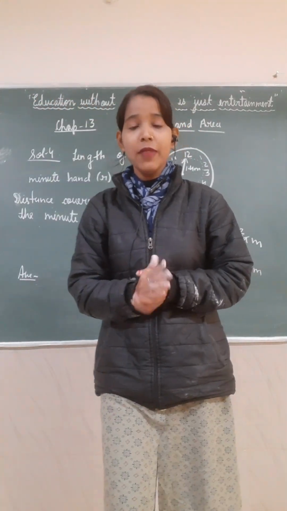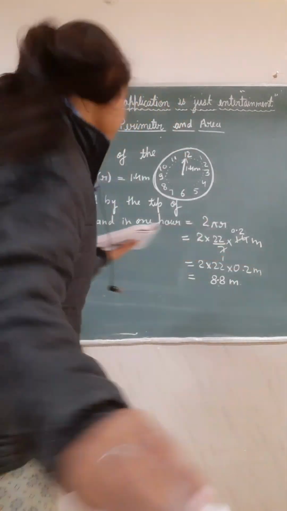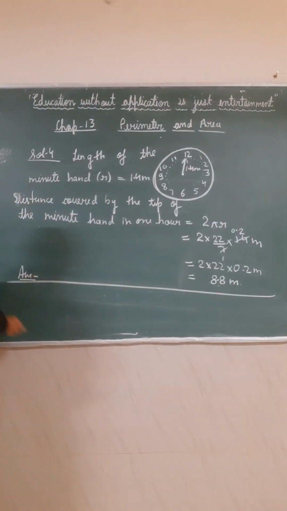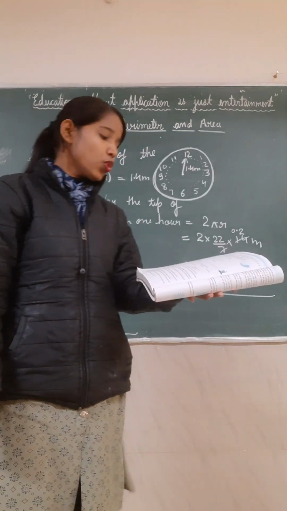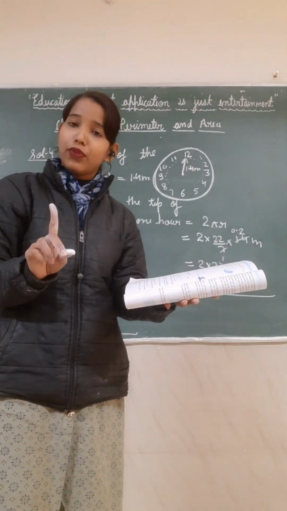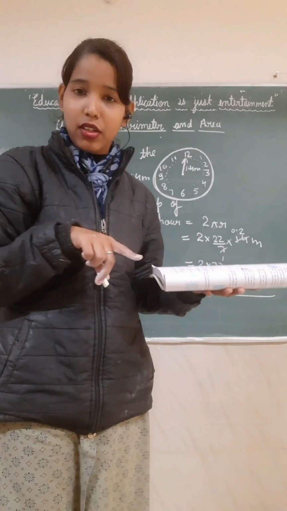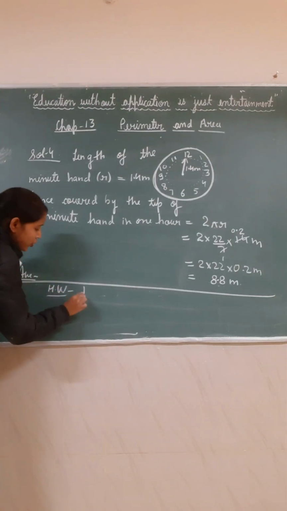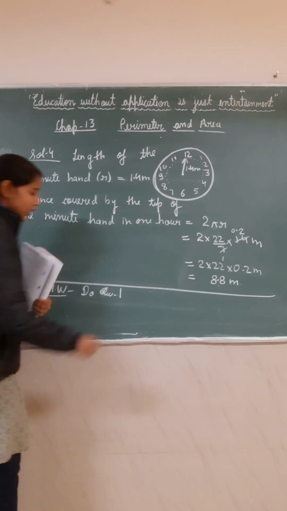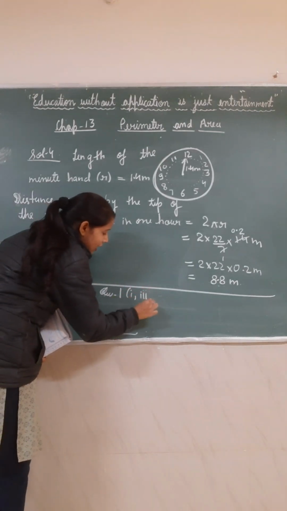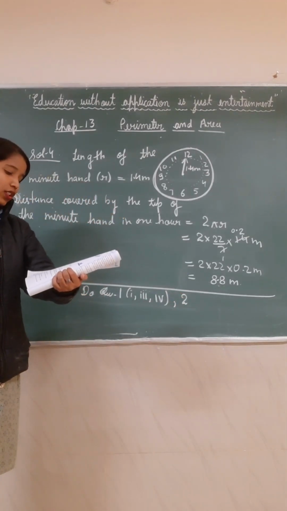this is enough for today. So I am giving you the homework. Write down your homework: do question number 1, parts 1, 3 and 4, and question number 2, parts 1, 2 and 4.